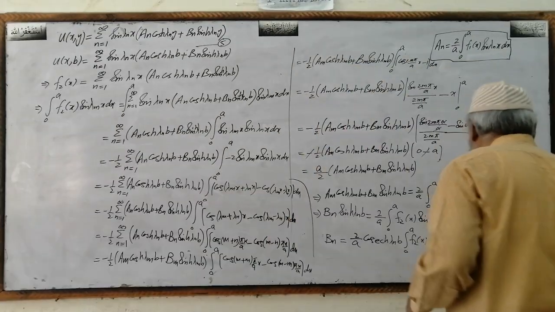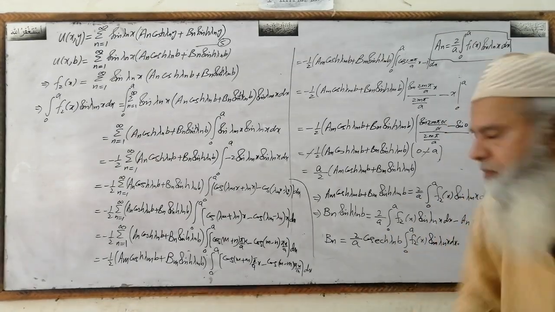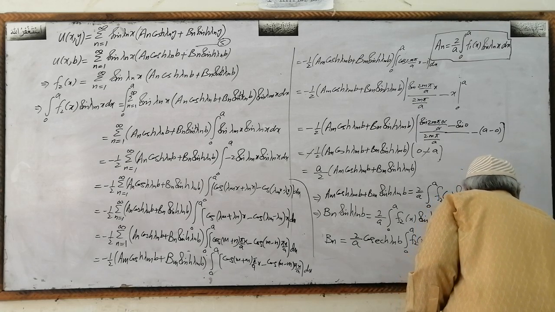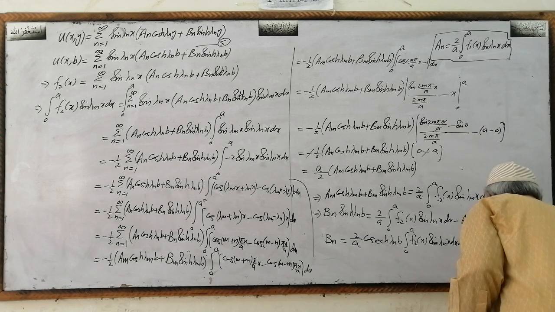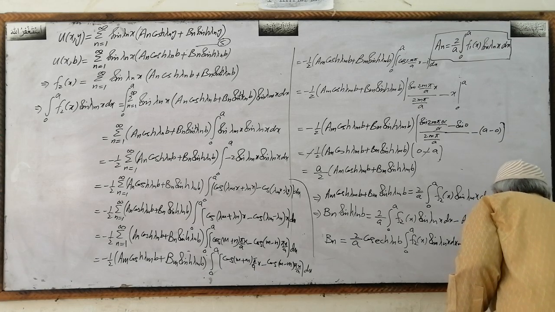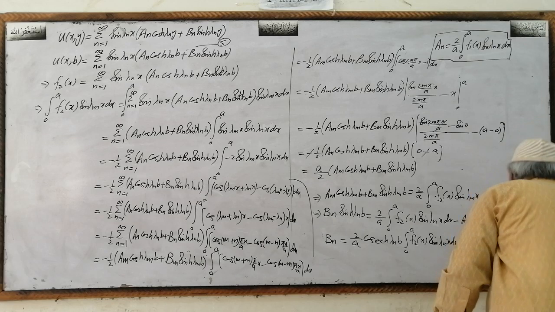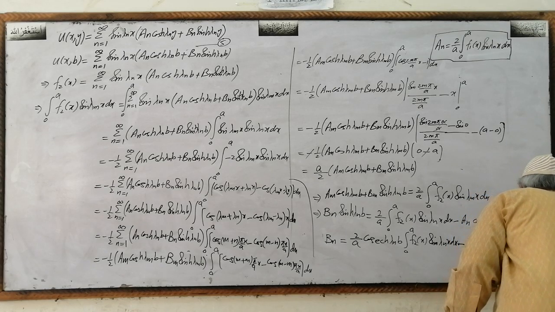Once again I have to rewrite due to the space constraint. This becomes minus 2 over a cot hyperbolic lambda nb integral 0 to a f1x sine lambda nx dx.